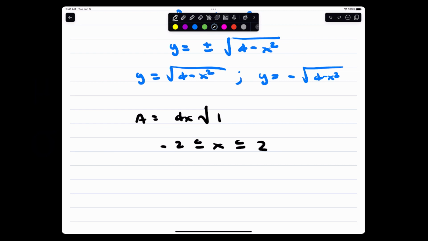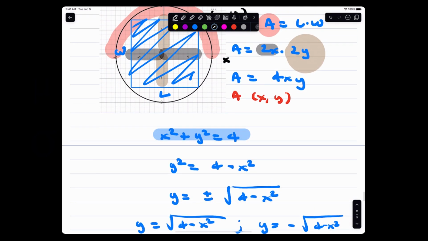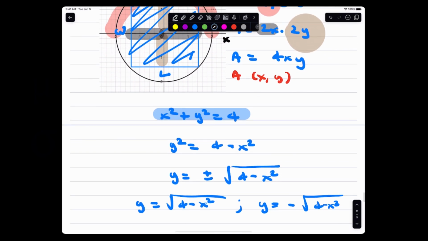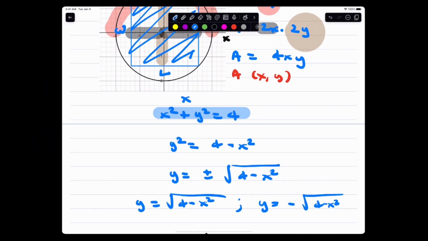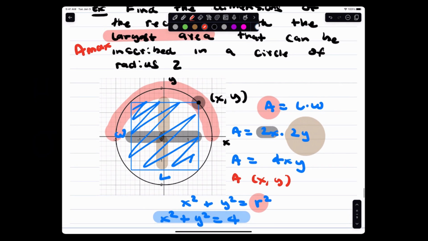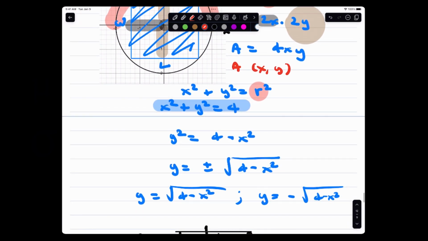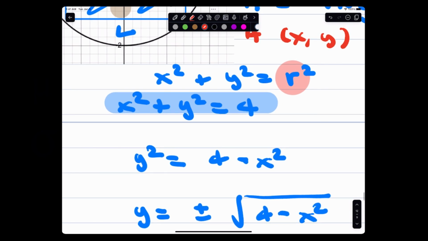I'm glad you guys caught that. The formula is still correct. You guys know why? Because it's x squared plus y squared equals what? R squared. So if your radius is what? 2 squared is what? 4. So good. Now it's consistent.